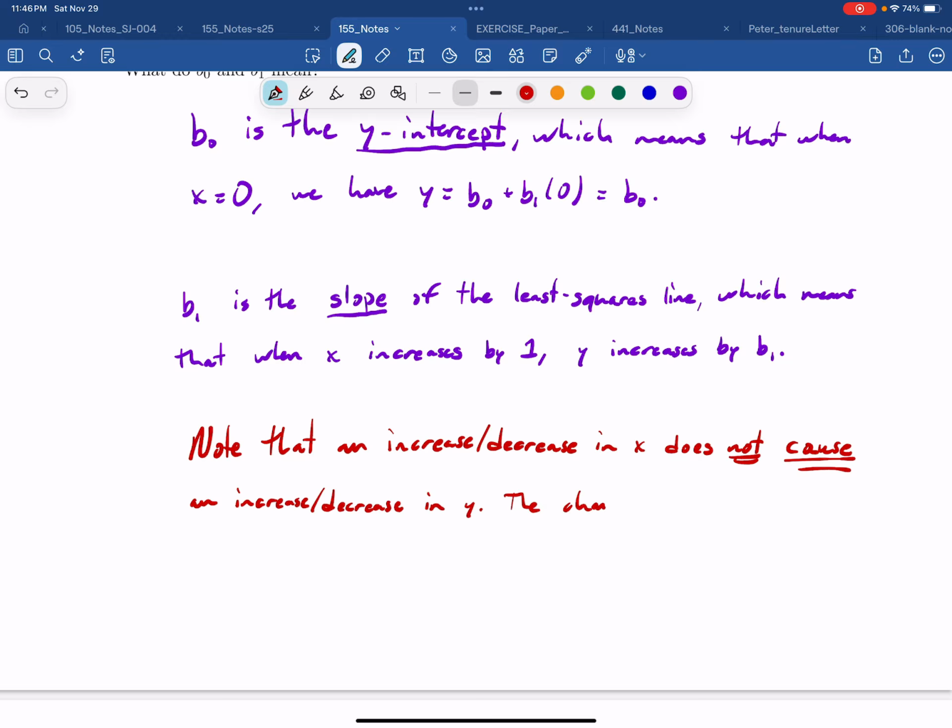The changes are possibly related, I should say, but not necessarily causationally.